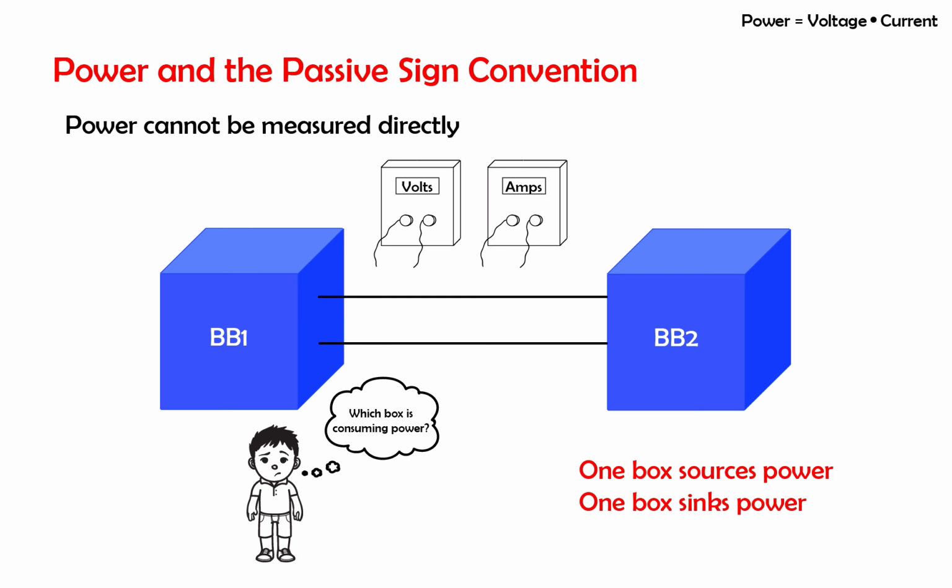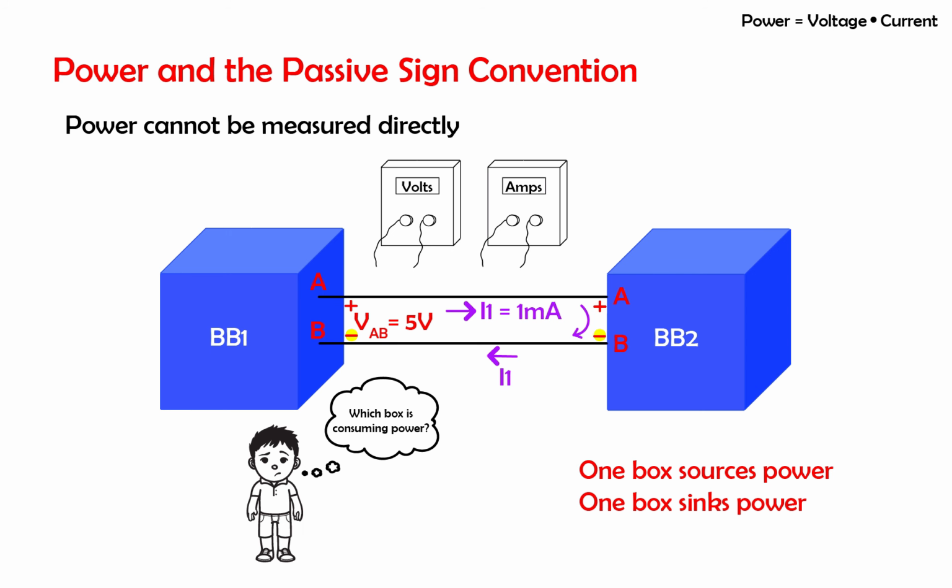So let's say we measure the voltage VAB equals 5 volts and the current I1 is 1 milliamp. BB1 and BB2 form a closed loop, so the current I1 flows from the positive terminal of BB1 into the positive terminal of BB2 and leaves the negative terminal of BB2 into the negative terminal of BB1.